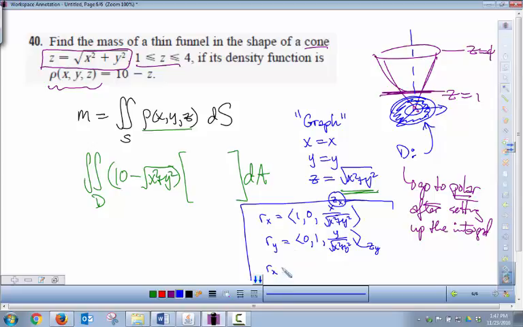So R_x cross R_y is going to be a cross product vector. The first component is going to be negative x over the square root of x squared plus y squared. The second component would be negative y over the square root of x squared plus y squared, and the third component would be 1.